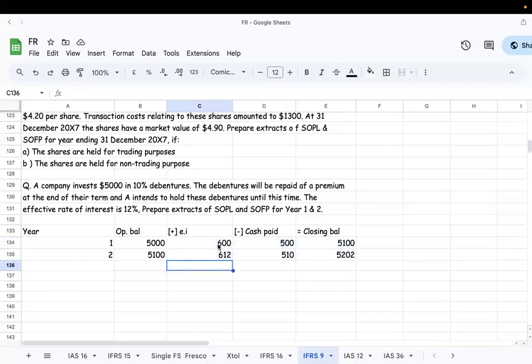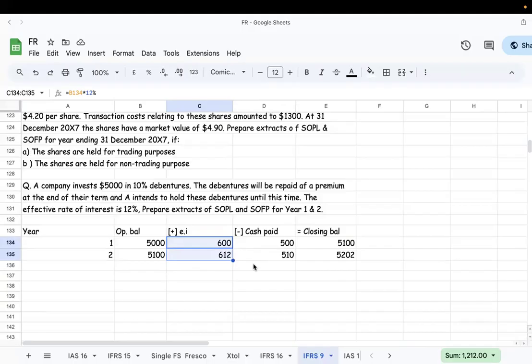So listen to me carefully. This particular part would go to SOPL as income. Instead of finance cost, it is income. Usually, we take it as a finance cost if we are purchasing a loan note.